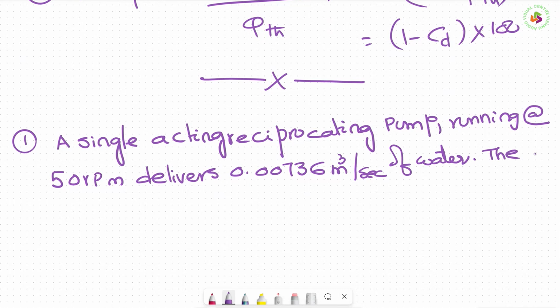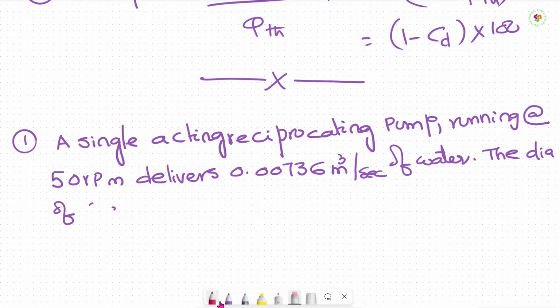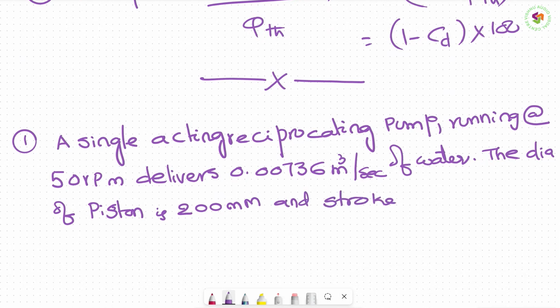The diameter of the piston, which is nothing but the diameter of the cylinder, not the piston rod, is 200 mm, and the stroke length, which is nothing but the length of the cylinder, is 300 mm.